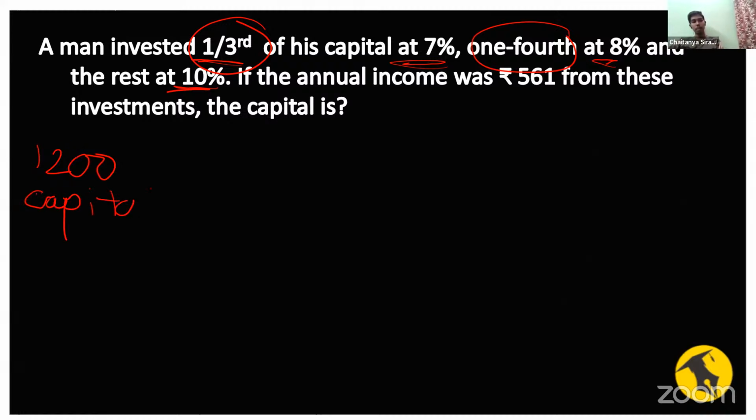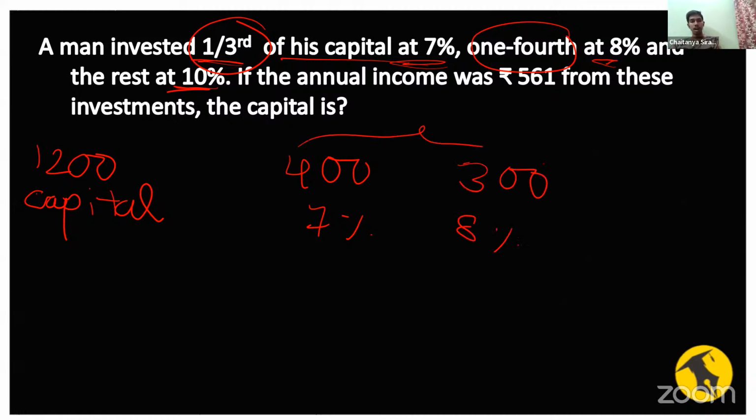This was his capital. He invested one third, which is 400 at 7%, and one fourth, which is 300 at 8%. So this is total 700. How much is left? 500. So the rest at 10%. His annual income is 561.